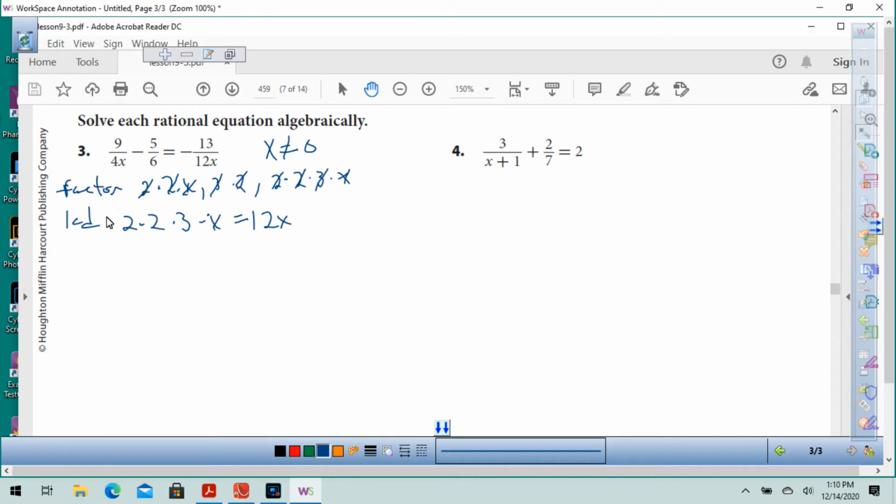So we've got 9 over 4x times 12x, minus 5 over 6 times 12x, equals negative 13 over 12x times 12x.